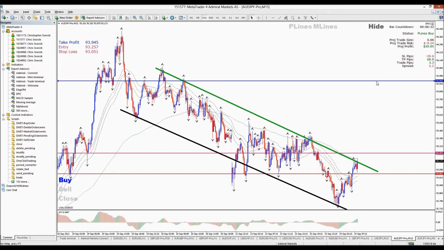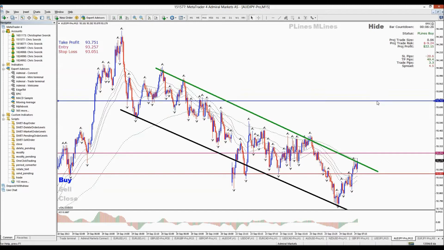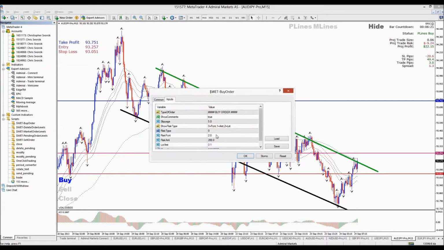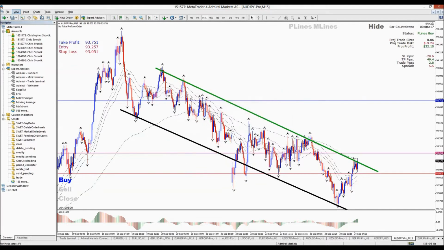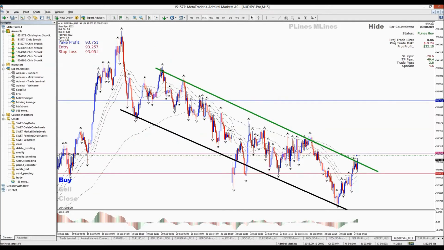That'll be 75. Alrighty. That's the breakout idea, at least on the odd yen.